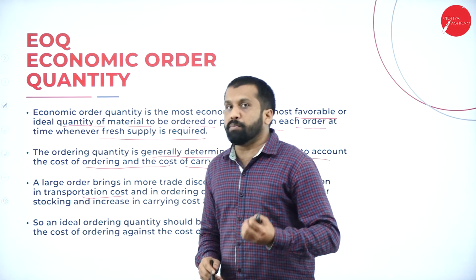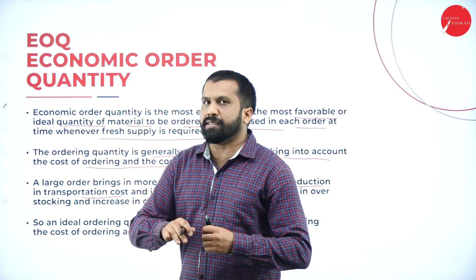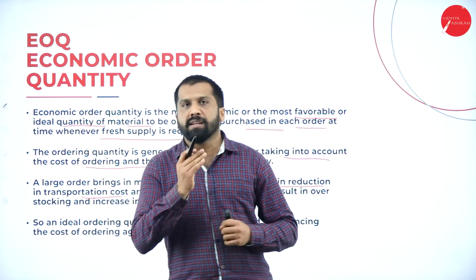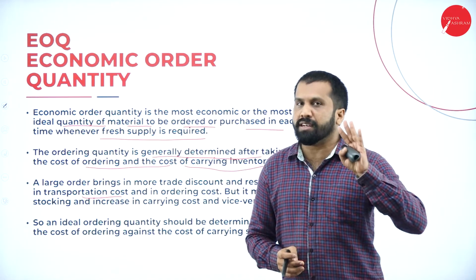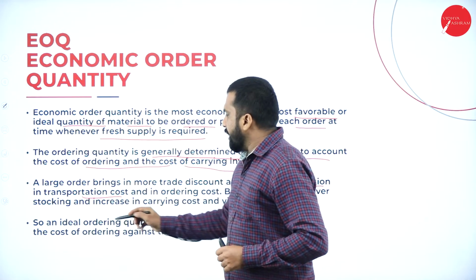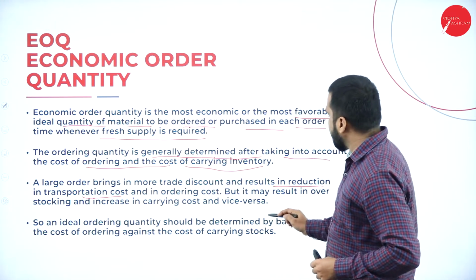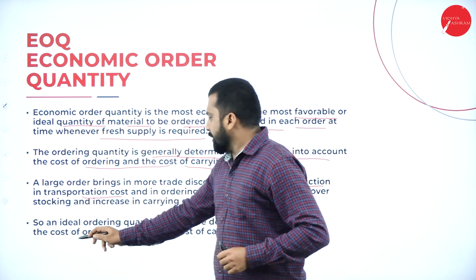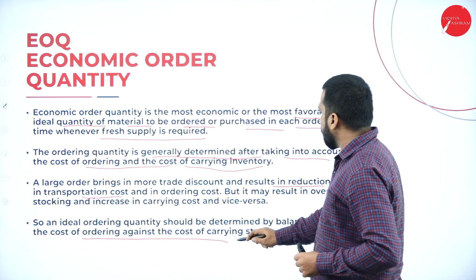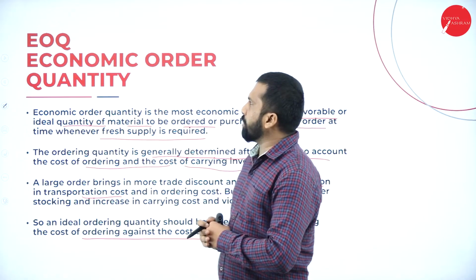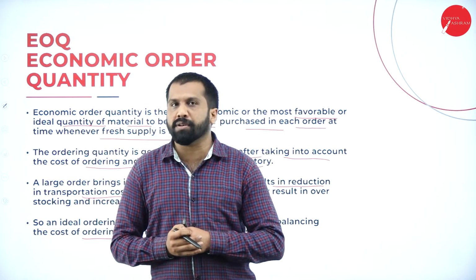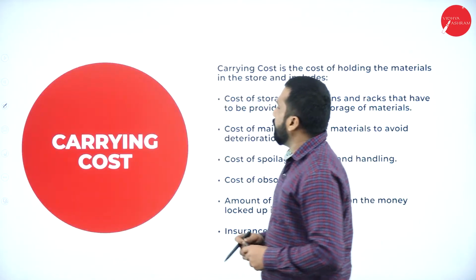If you order more, your cost will be less. Why? Because a 50 rupee book, you bought it for 40 rupees. So an ideal ordering quantity should be determined by balancing the cost of ordering against the cost of carrying stock. All these are your EOQ meaning. Hope you are clear.